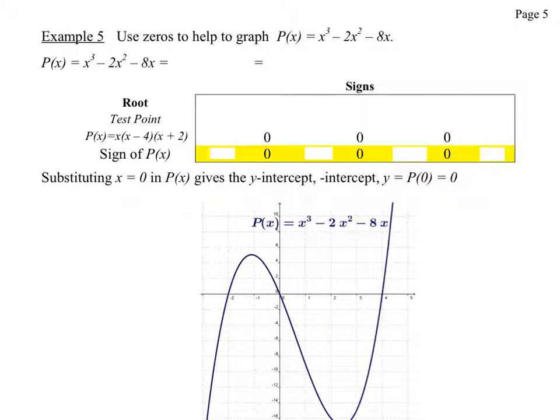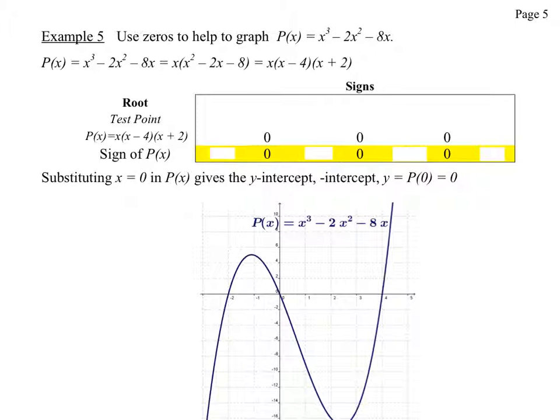Now we can find the zeros, that is where it crosses the x-axis. We can do that by factorizing this. If we factorize that, we can take x out as a factor, and then factorize the x squared minus 2x minus 8, and we'll get x times x minus 4 times x plus 2.